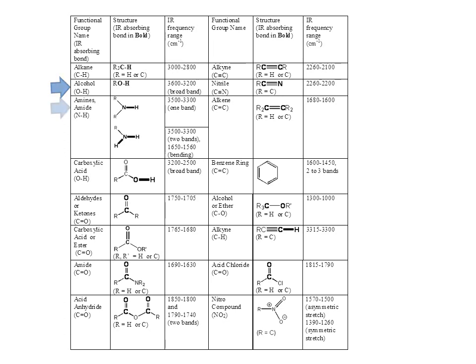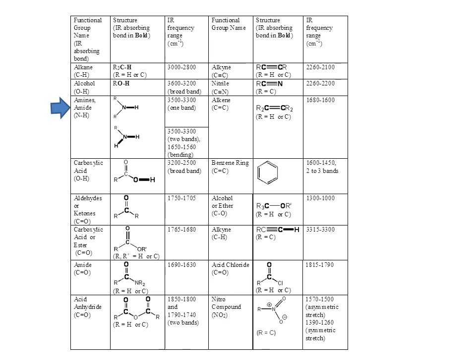Then we have the amines, which can be of two types. You have NH or NH2. This could also be attached to a C double bond O for R, which would make it an amide. In the case of NH, that gives us one band between 3500 and 3300 wave numbers.